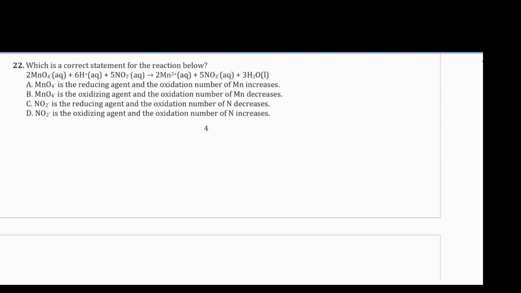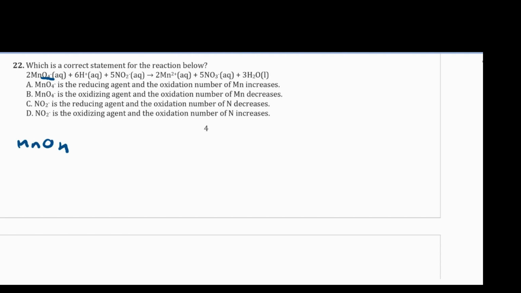22, which is a correct statement for the reaction below? So we're trying to work out reducing and oxidizing agents just by looking at the loss or gain of oxygen. We can see that this substance loses its oxygen.